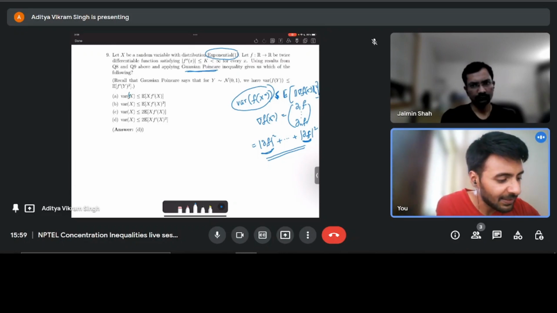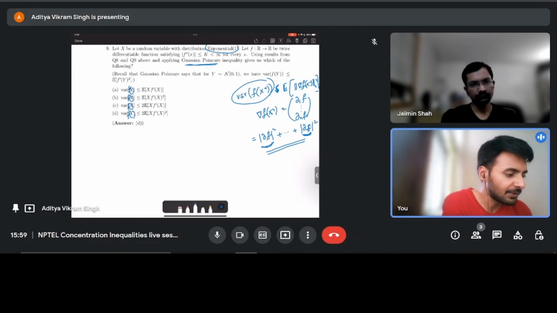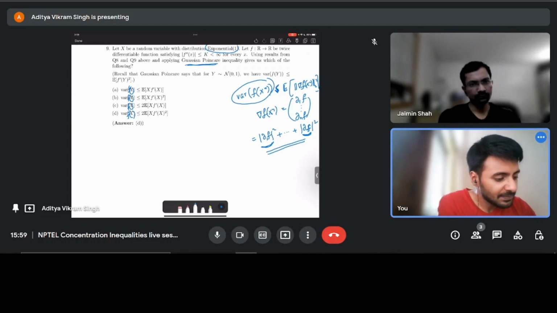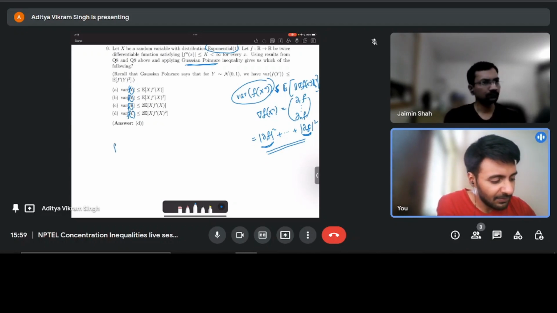I think this should be f of x. You want to compute the variance of f(X), where X belongs to the real numbers. Now you can write f(X) as f((y1² + y2²)/2).